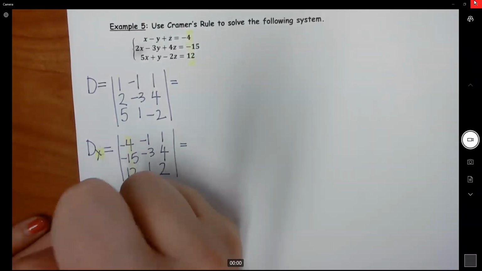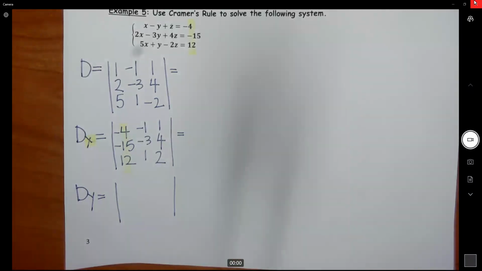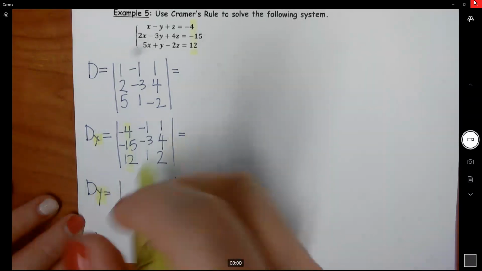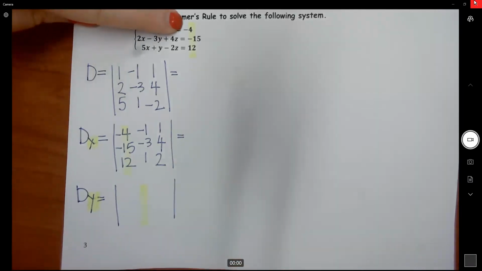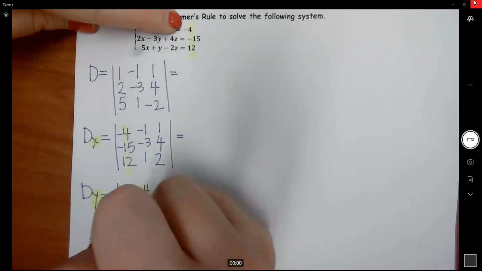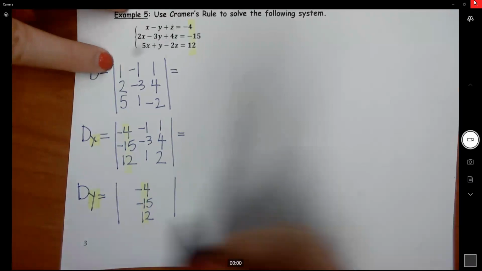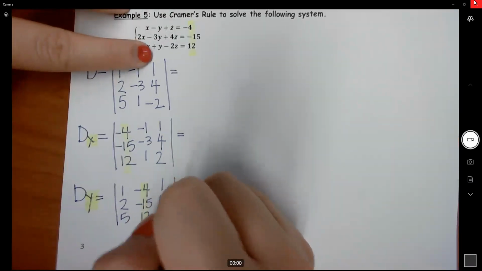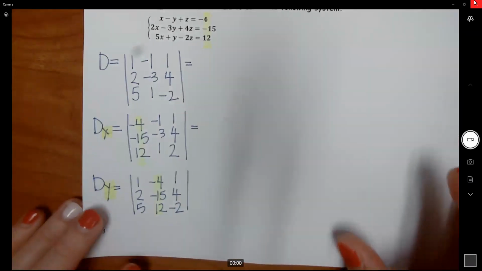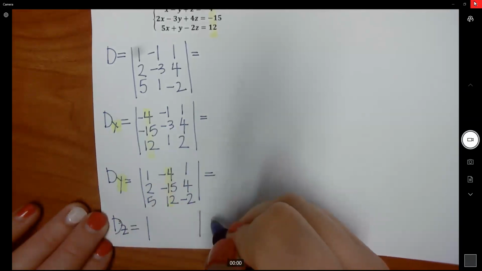Okay, D sub Y. Because this is Y, I'm going to replace my Y column with what this equation equals. So -4, -15, and 12. And now my X column stays the same. And my Z column stays the same. And let's see if I can squeeze D sub Z in here.